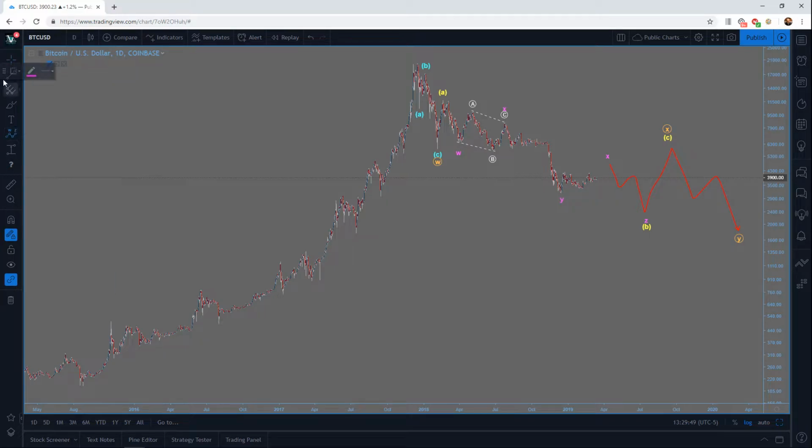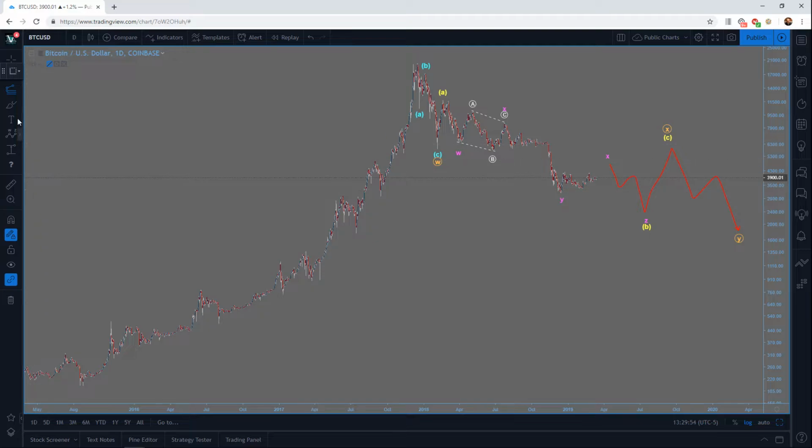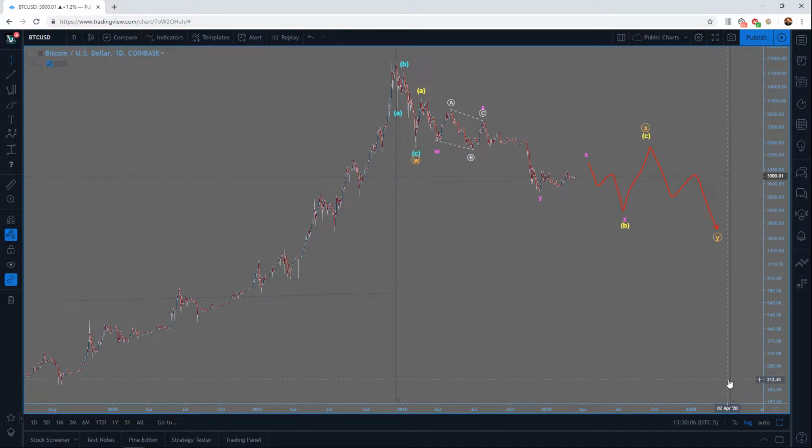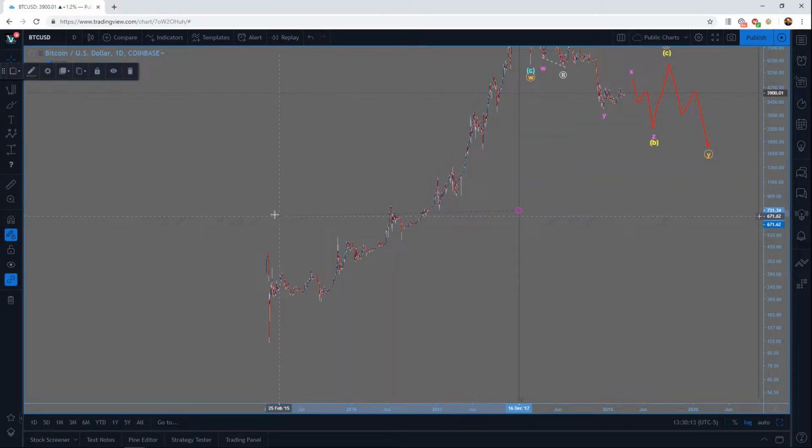Generally, we will expect a correction to take at least as long as the impulse that it's correcting. So if this is our move up, our one-to-one would be April of 2020. And there's arguments that the move up actually started even further back.